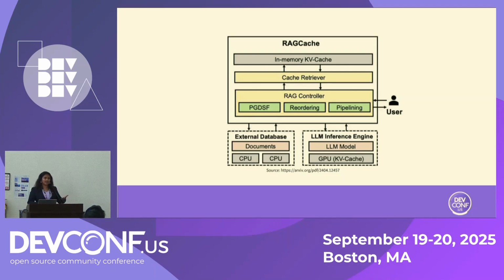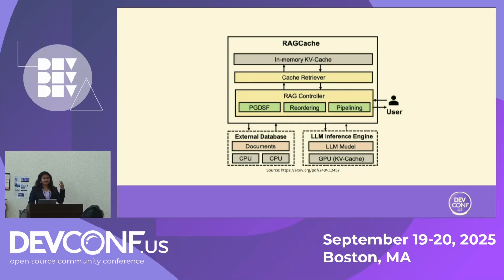Whatever query you make, the answers will have key values which are stored in the in-memory KV cache, and the cache retriever will get the caches and send them to the LLM inference engine and on to the user as the output.